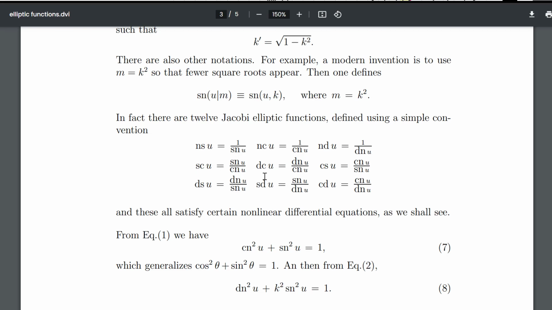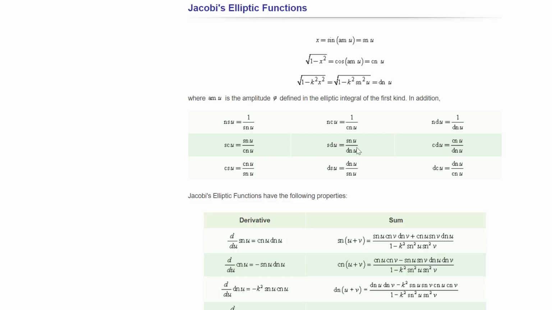And as I mentioned, cn u divided by dn u will be the same as sn u, but shifted over 1 period, k. So there's 12 total of these functions, but the main 3 we've looked at. Definitions of the other 9 too.